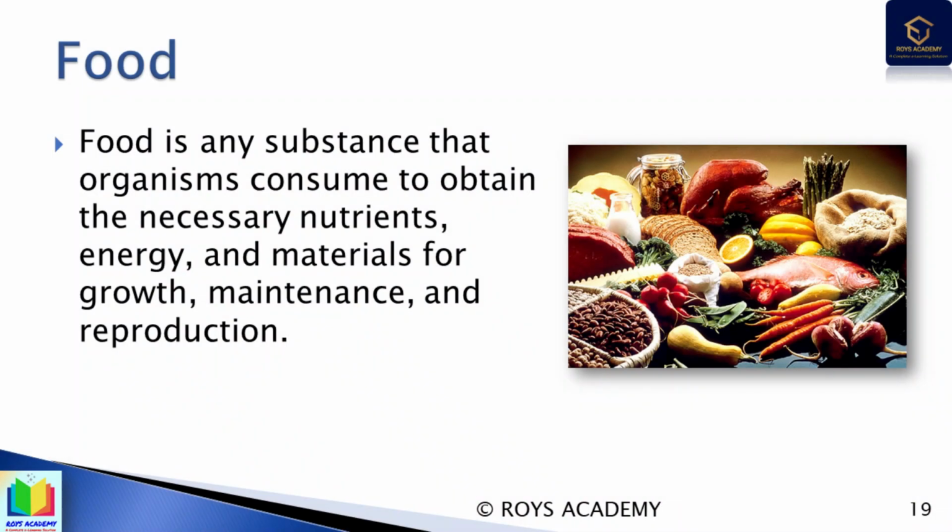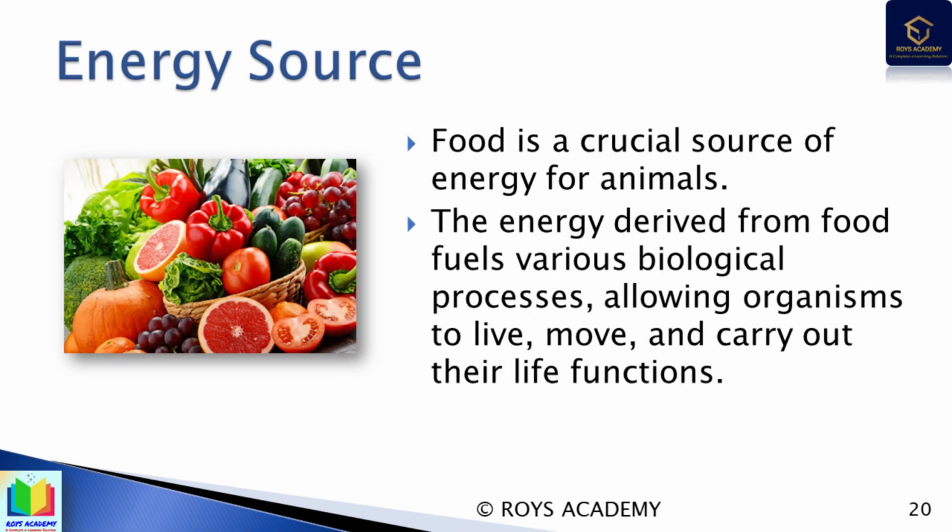Food. 1. Definition. Food is any substance that organisms consume to obtain the necessary nutrients, energy, and materials for growth, maintenance, and reproduction. 2. Role of food. Energy source: food is a crucial source of energy for animals.